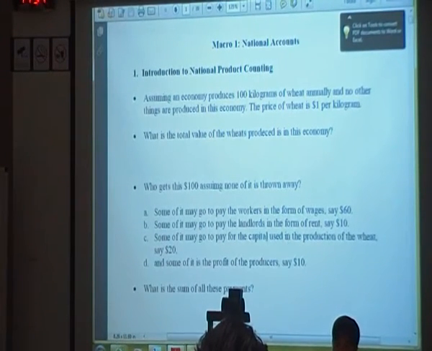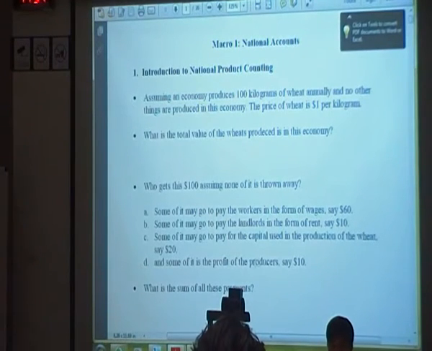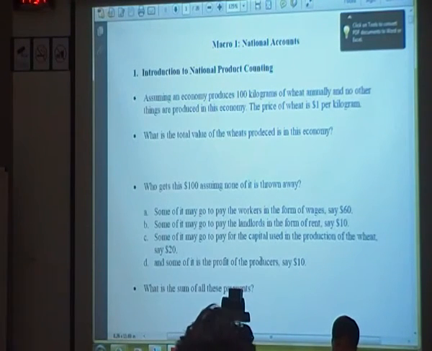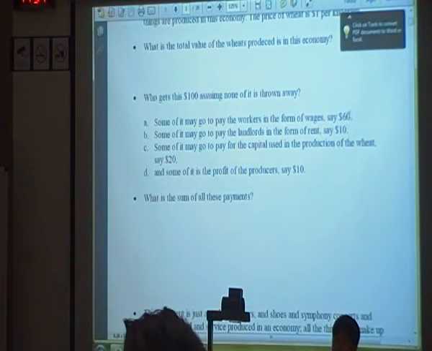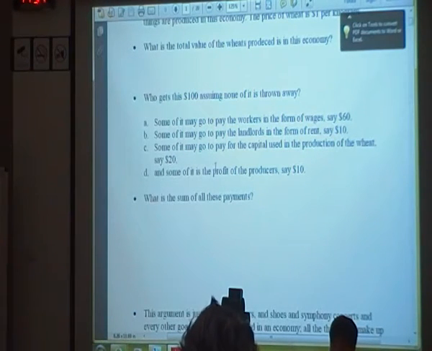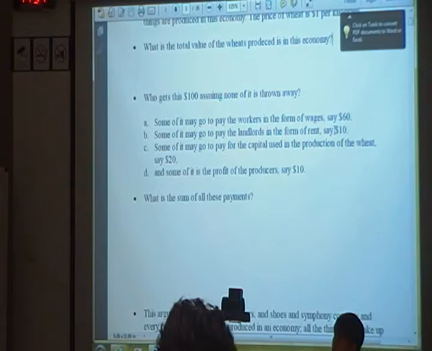Some of it will go to pay for the capital in the production of the wheat if you are the firm. And some of it will go to the profit of the producers, which is say $10. So if you look at the sum, 60 plus 10 plus 20 plus 10, that will add up to 100. So that is basically what we know as the circular flow of income.